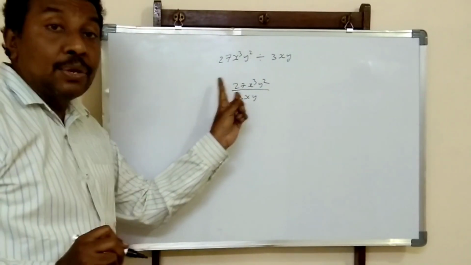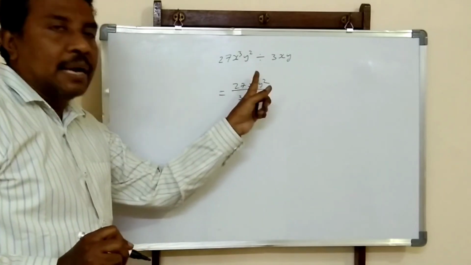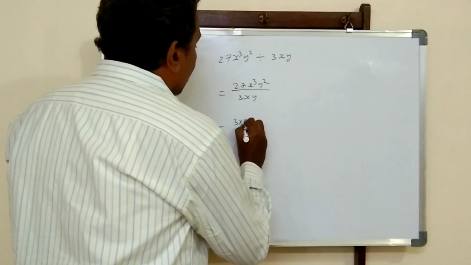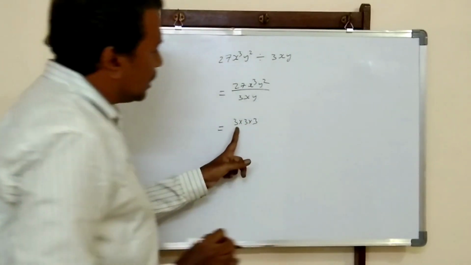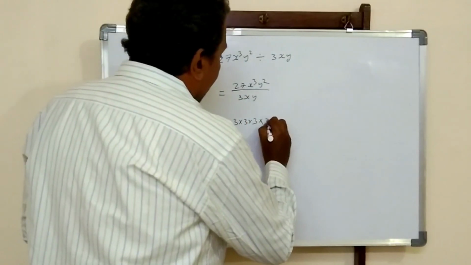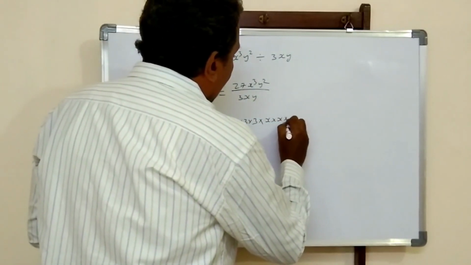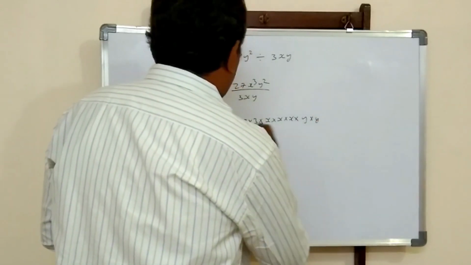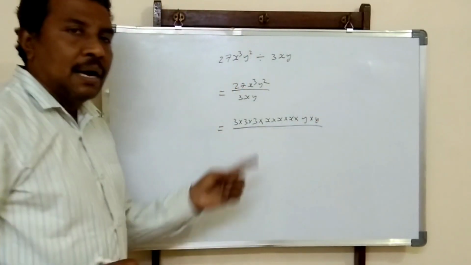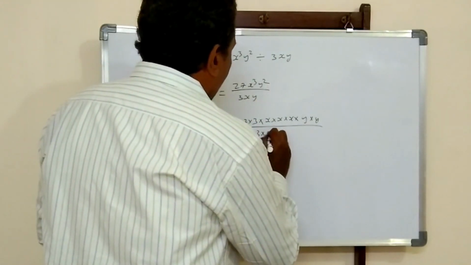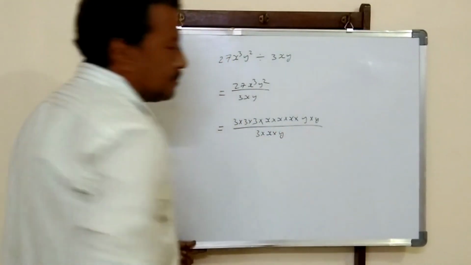Now write the numerator in expanded form. 27 can be written as 3 into 3 into 3, since 3 threes are 9 and 3 nines are 27, into x cube, x into x into x, into y square, y into y. Now write the denominator in expanded form: 3 into x into y.